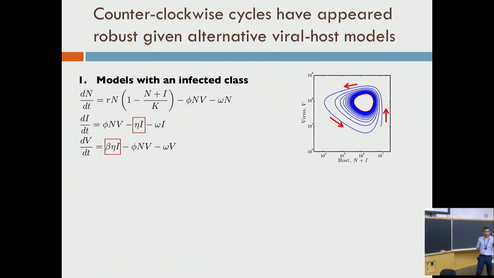Right, so in this case, I have put all of the mortality in the washout rate, assuming that it is faster than whatever the characteristic death rate is, either of infected cells or host cells. Host cells don't last forever, but the washout rate is going to be the dominant feature. I could change the model and have omega I plus some other small value, and it really won't change things much. It would be a rescaling.